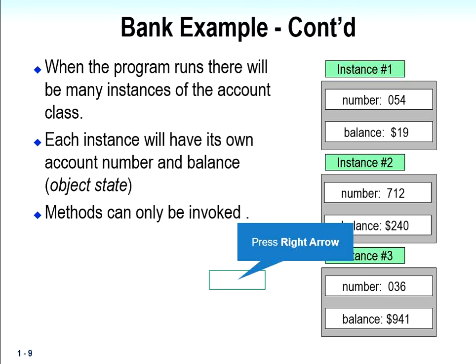Instance 2 मा के गरेँ, नम्बर 712 and ब्यालेन्स दिए 240, something like that. When the program runs there will be many instances in the account. So मान्छे आउँछ अकाउन्ट बनाउनुको लागि, instance 4 create गर्छ, उसलाई अर्को separate account number दिन्छ, उसको नाम अलग्गै हाल्छ र उसको ब्यालेन्स पनि अलग्गै हालिदिन्छ. So you must understand these things here in the object instantiation.